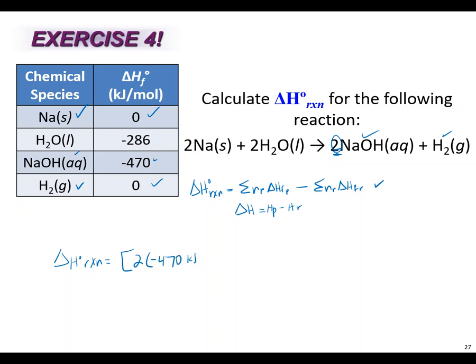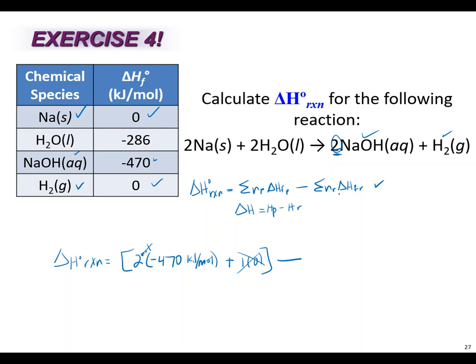Technically this is in kilojoules per mole, and this is technically 2 moles, so these cancel out and you're going to end up with just kilojoules at the end. The second product is hydrogen, which is 0. Technically it's 1 times 0, but that's redundant, so you don't even really have to bother writing that in.